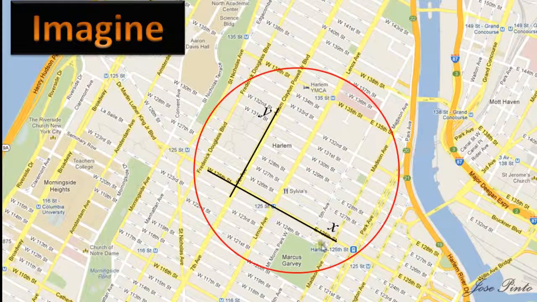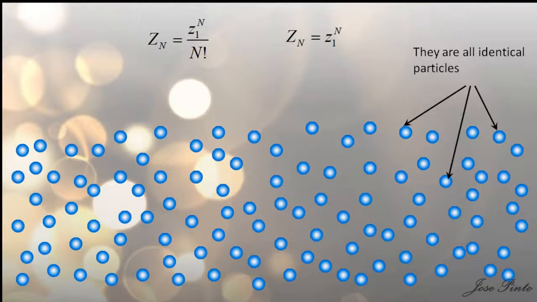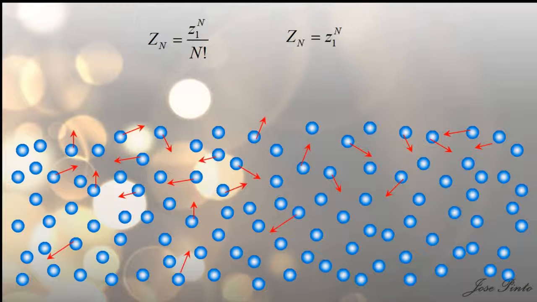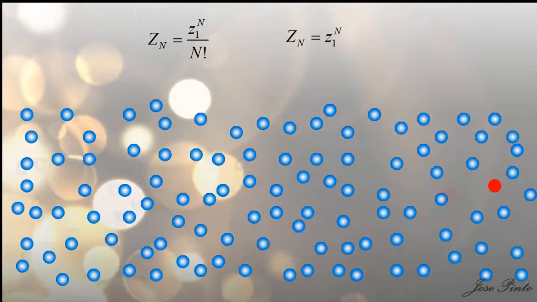They have an address. In a system of particles with this Hamiltonian, the particles are free to move. They are all identical and with random motion. If you carefully follow one particle, you can claim that you can tell the difference, at least for this one. But the truth is that you lose information about the other ones.